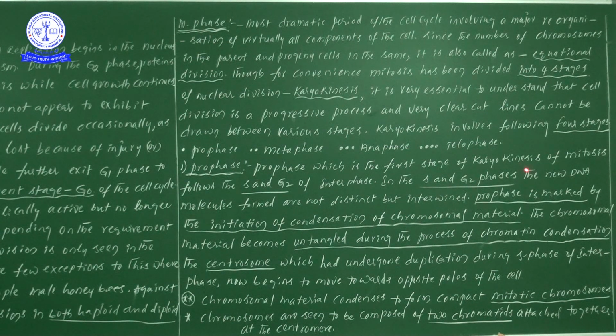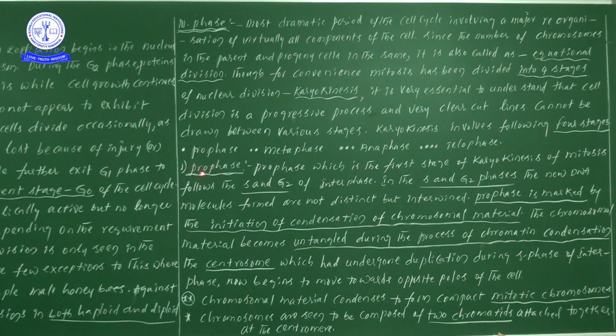Prophase is the first stage of karyokinesis of mitosis, and it follows the S and G2 phases of interphase. In interphase, first there is G1, next S, and then G2. Then in M phase, in karyokinesis, prophase is the first.